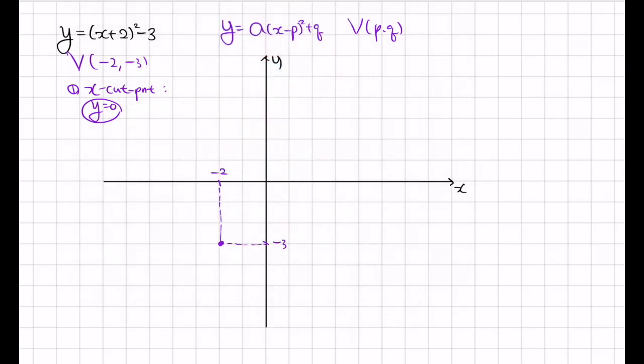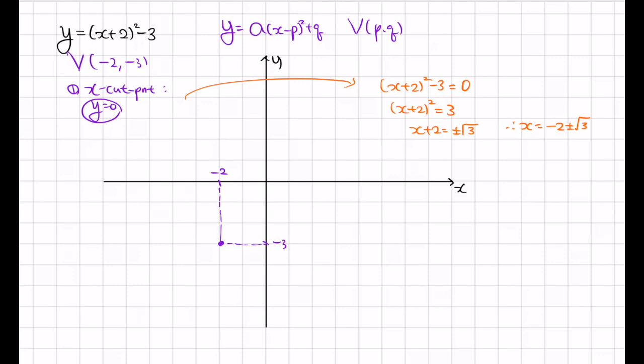So when I substitute y as 0, it will become (x plus 2) squared minus 3 equals 0. Since it's in squared form, we can put negative 3 onto the right hand side of this equation, and put the square root on both sides, so x plus 2 will become plus or minus root 3, therefore x will become negative 2 plus or minus root 3.